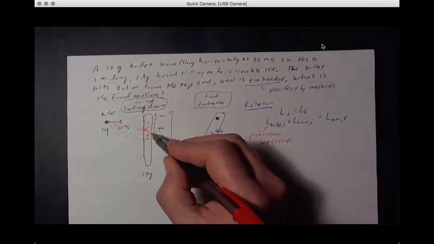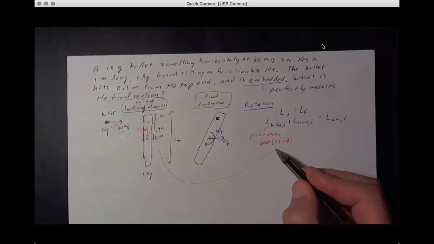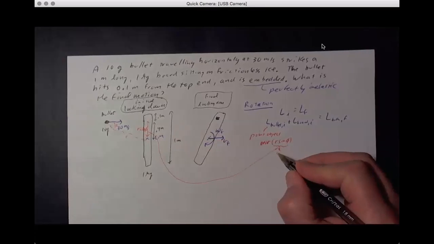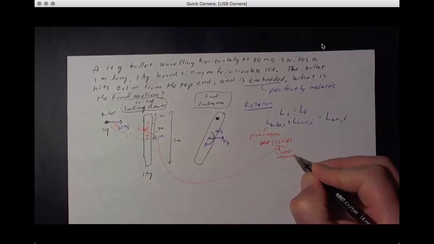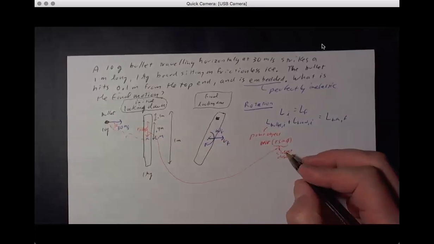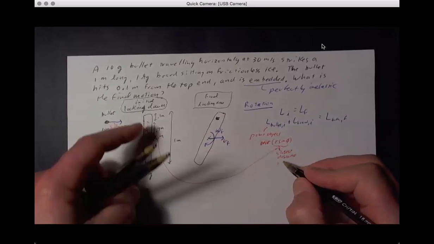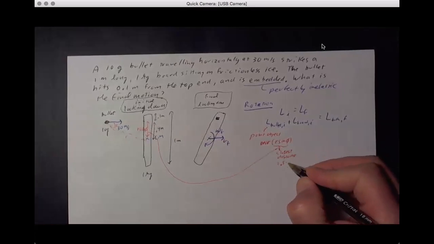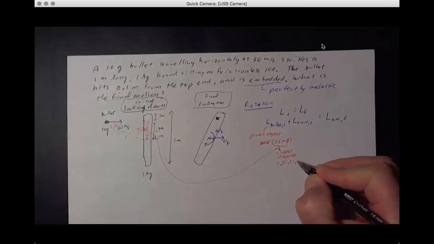And so r sine phi right here is just going to be the closest distance, which in this case is equal to 0.5 minus 0.1, which is equal to 0.4 meters.